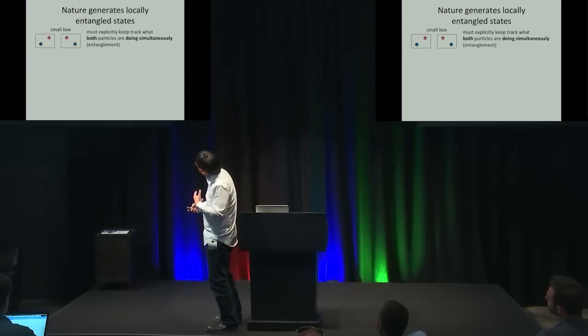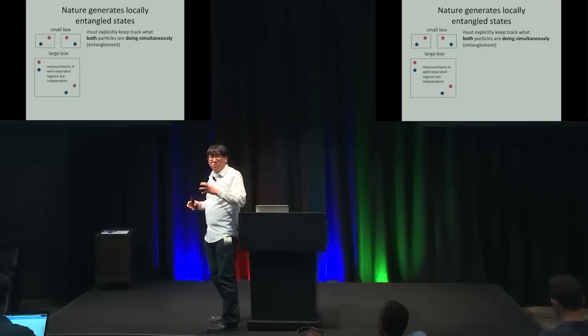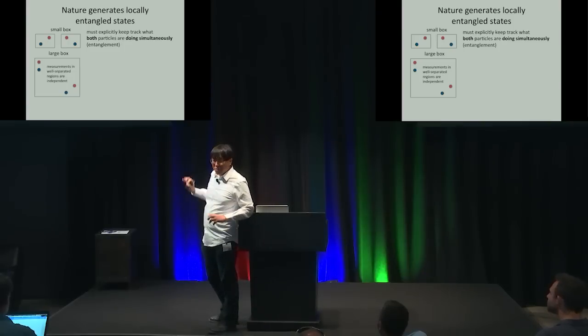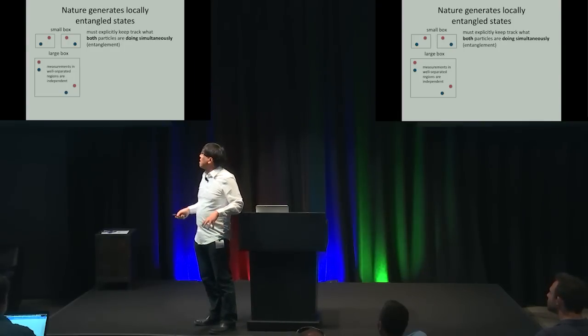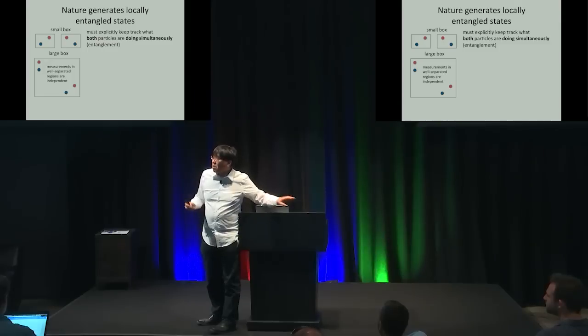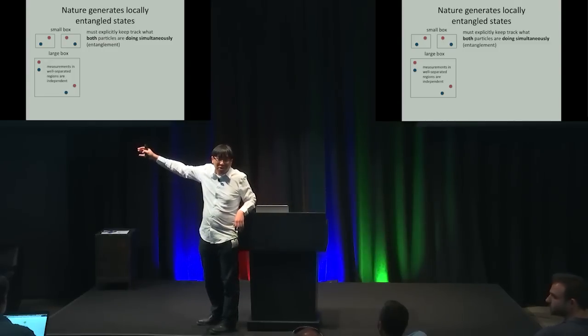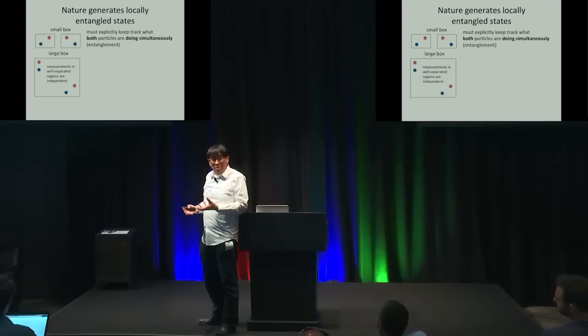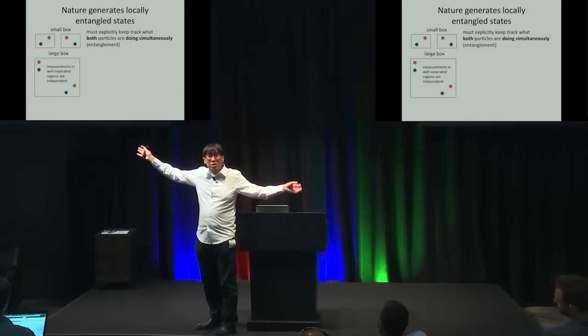But if I go to a larger problem, where you have well-separated regions for the different quantum particles, then if you make measurements on, say, the part of the system here and the part of the system which is outside the door, then in the typical state that we see in the world, there's no correlation between those measurements.